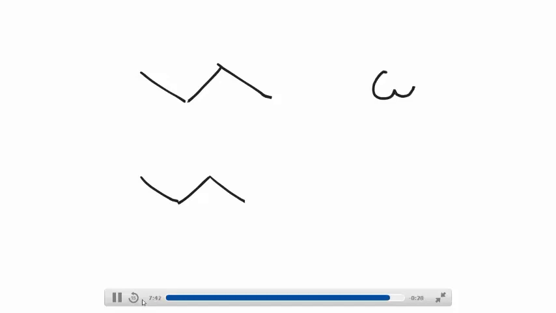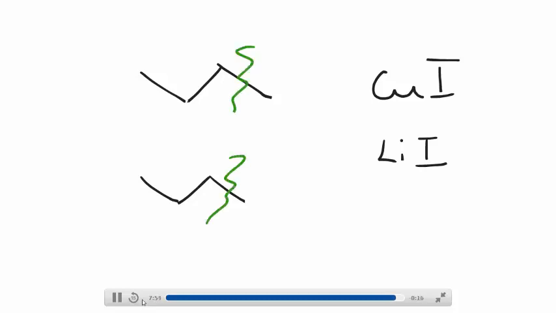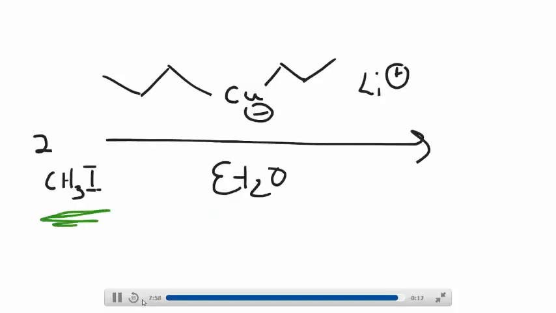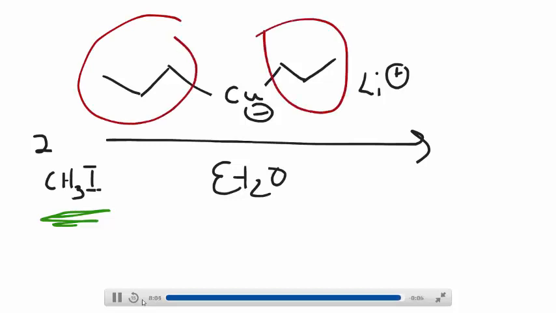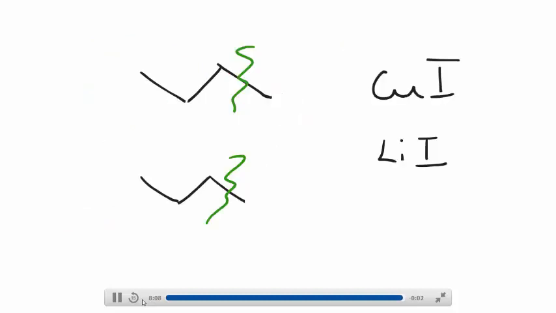Then you would have your copper associated with iodine and your lithium associated with the iodine. But you make carbon-carbon bonds, so you've made one here and one here with each of those two alkyl halides, and they each react with the two carbon chains attached to the copper. So there were three that are circled there in red and one in green. Overall, you get a butane.